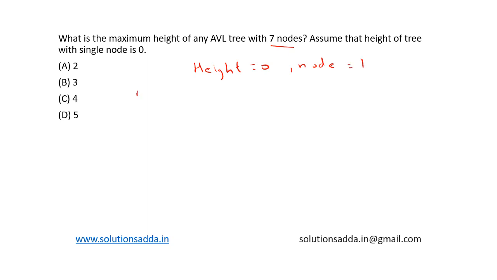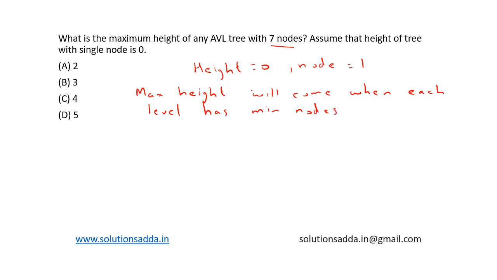The important property is that maximum height will come when each level has minimum nodes. The formula to calculate the minimum nodes in an AVL tree with height h is N(h) = N(h-1) + N(h-2) + 1, where N(0) = 1 and N(1) = 2.